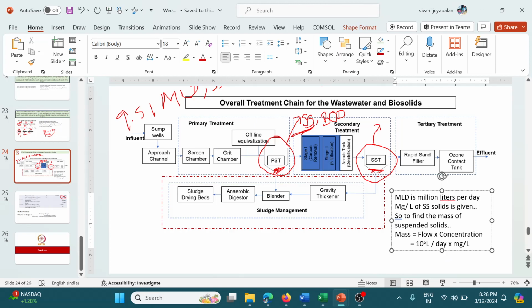Million is nothing but 6, no? So the liter in the denominator and the liter in the numerator will get cancelled.